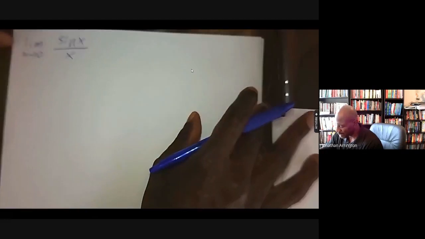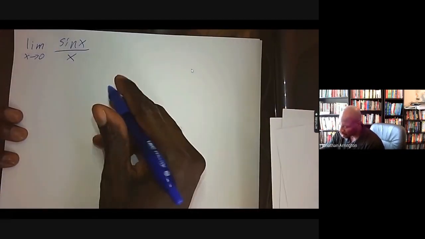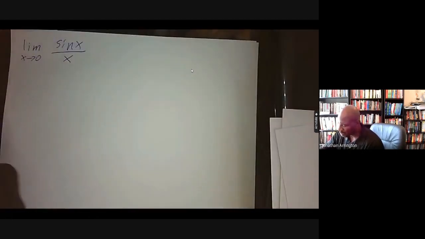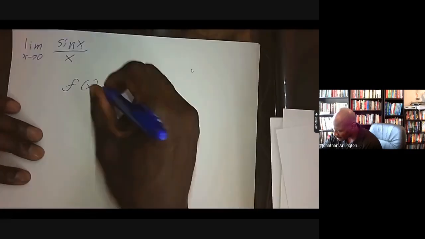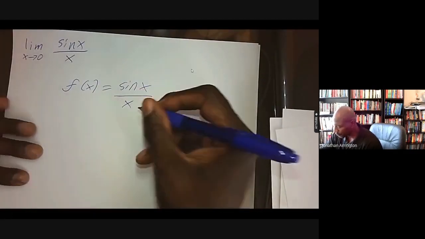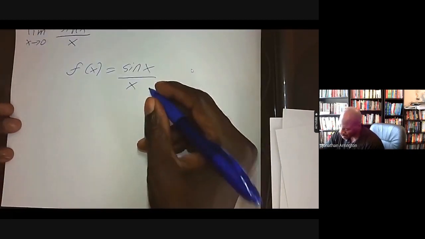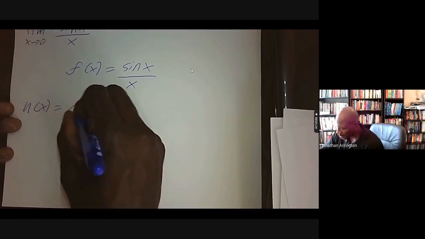So let's say I give you two functions. For the sake of notation, let's say f of x is sine of x over x. And let's say another function, h of x equals 1.